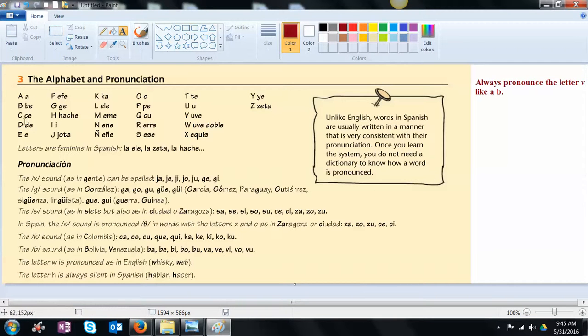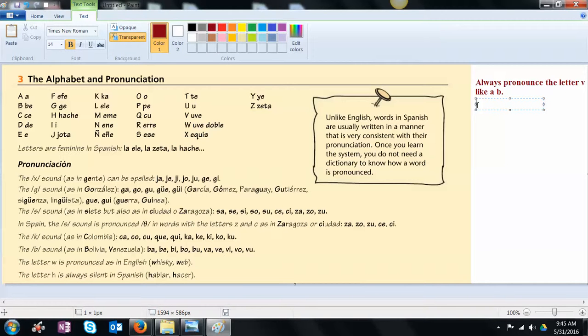C has more than one sound, and maybe you don't know this, but a lot of you know what this word is. This is how you say the number 5, cinco. So what you're actually saying is cinco. Okay?